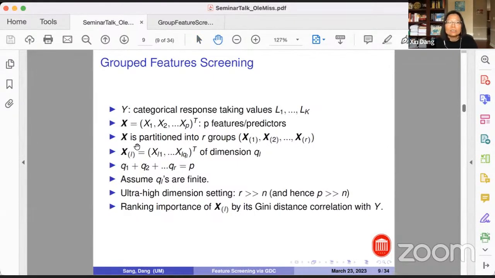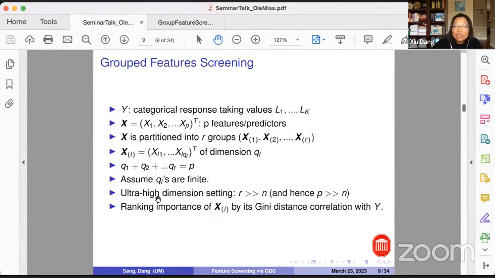So the P features are grouped into R groups, and the l-th group has dimension Q_l. Those dimensions of each group added together should equal the total dimension, and we assume each Q_l is finite, so each group is finite.